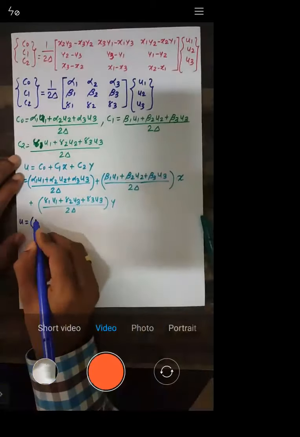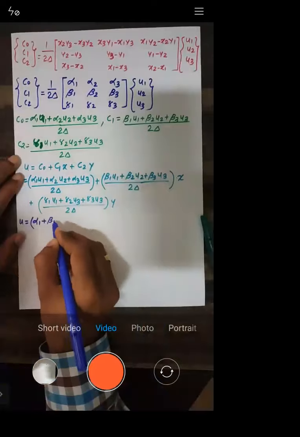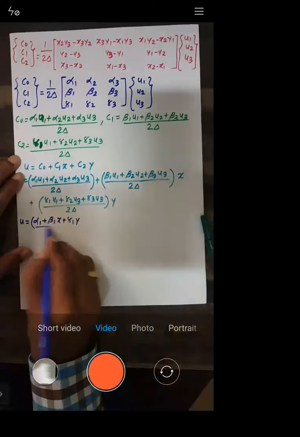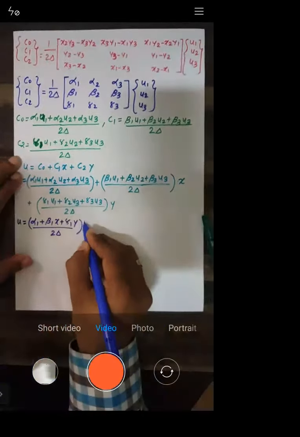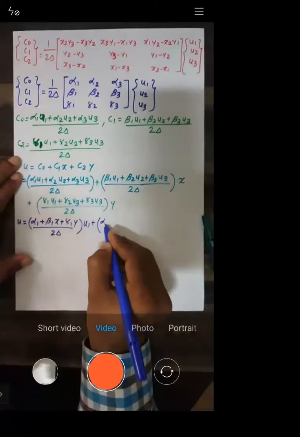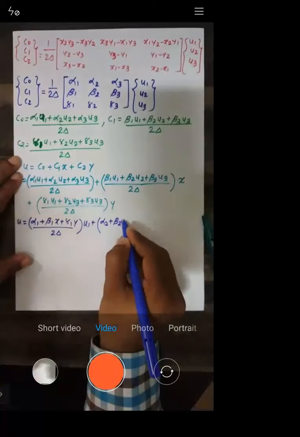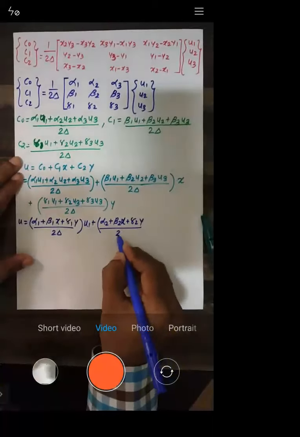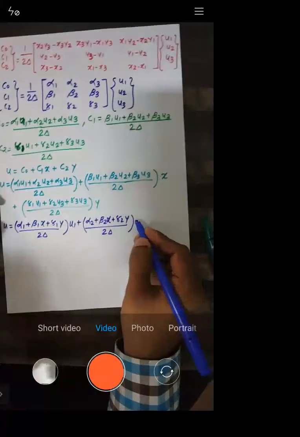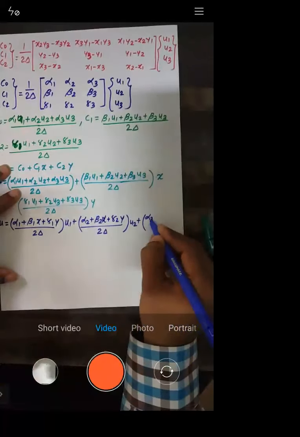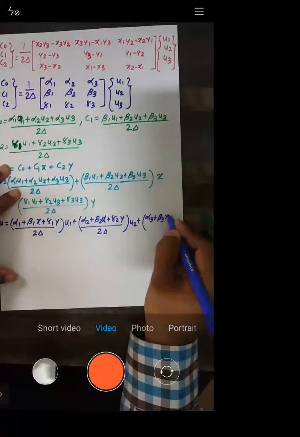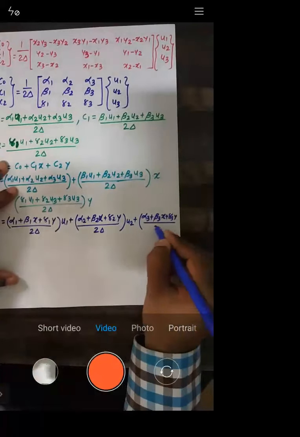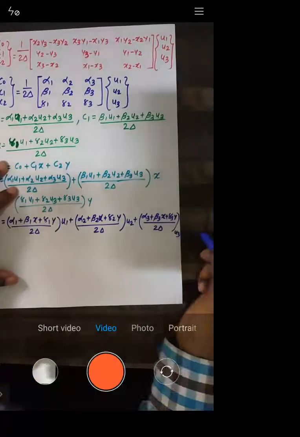So U is equal to alpha 1 plus beta 1 x plus gamma 1 y divided by 2 delta into U1, plus alpha 2 plus beta 2 x plus gamma 2 y divided by 2 delta into U2, plus alpha 3 plus beta 3 x plus gamma 3 y divided by 2 delta into U3.